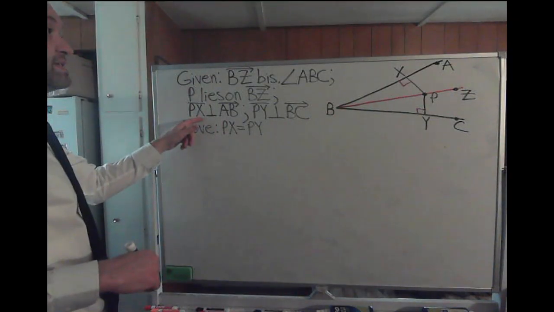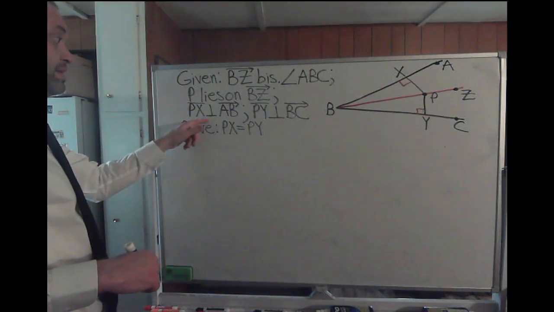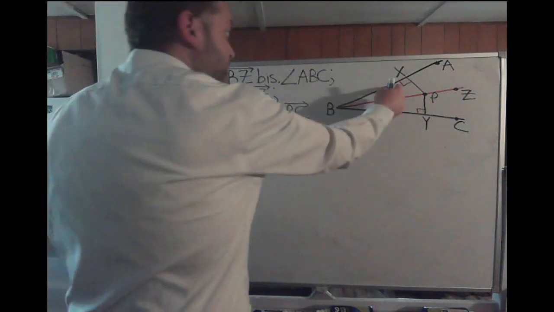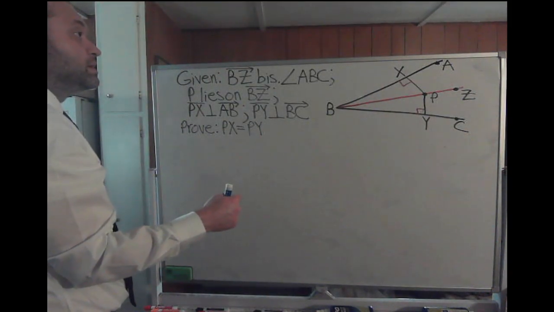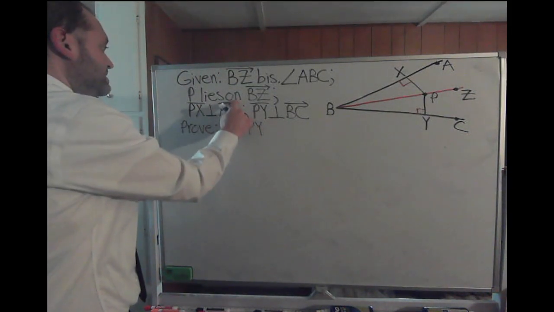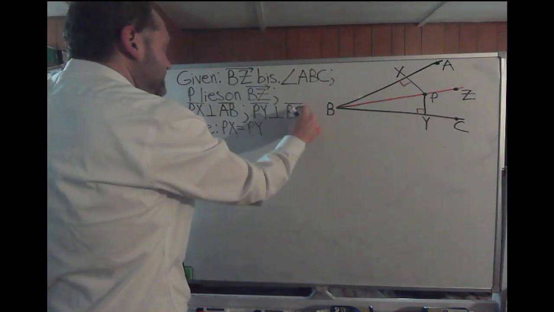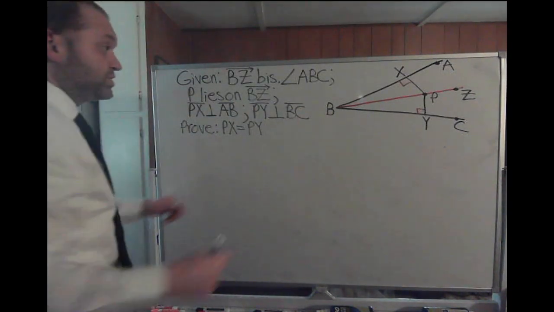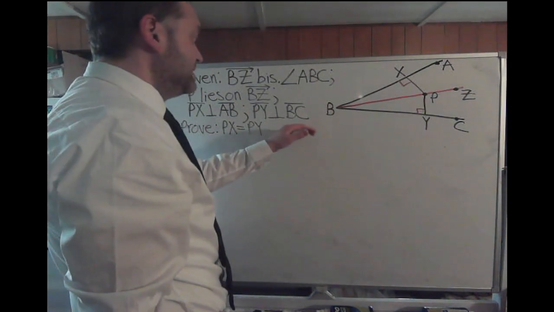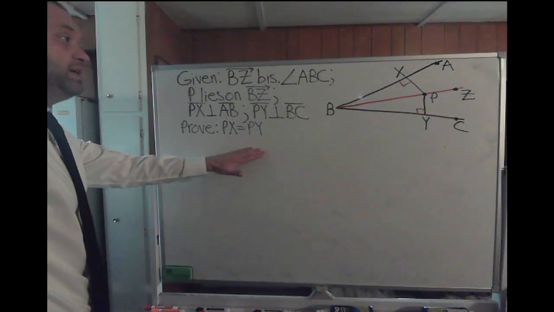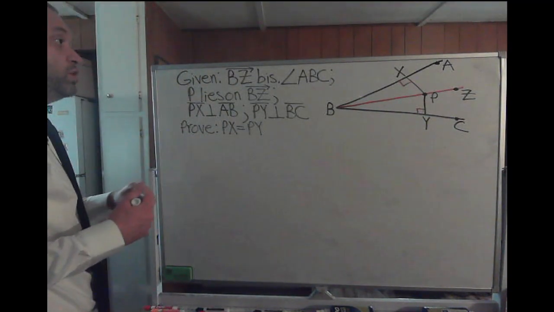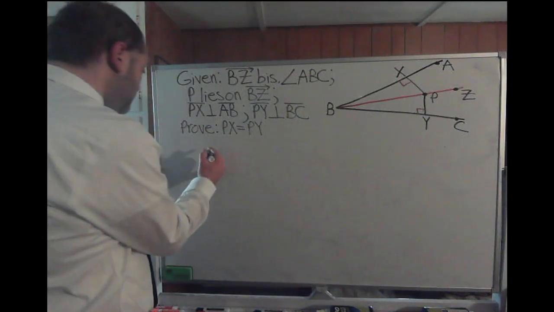We're given that line segment PX is perpendicular to ray AB. We should probably make that a segment AB and BC. Alright, we're also given that PY is perpendicular to line segment BC. We need to prove that PX equals PY. So, let's draw our columns here.